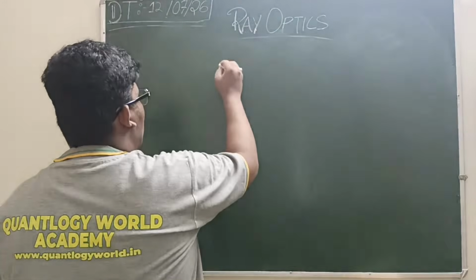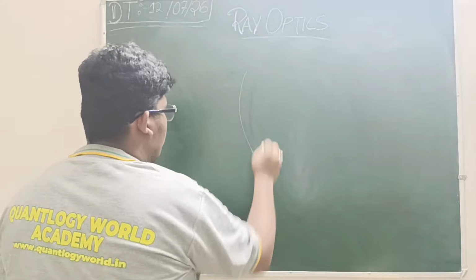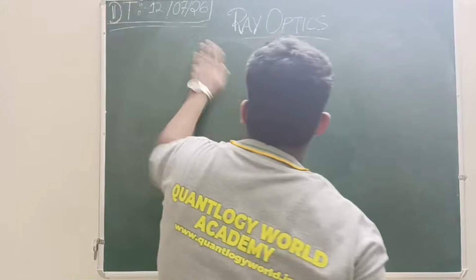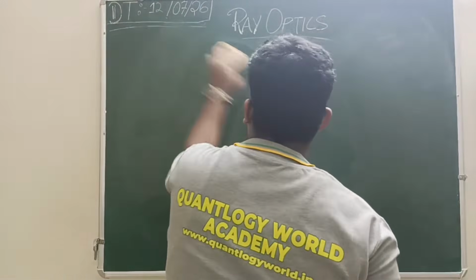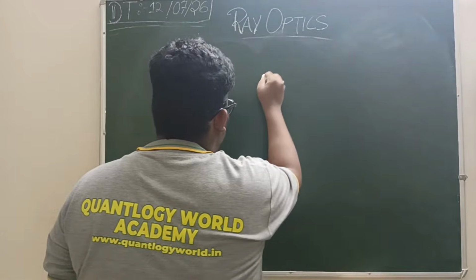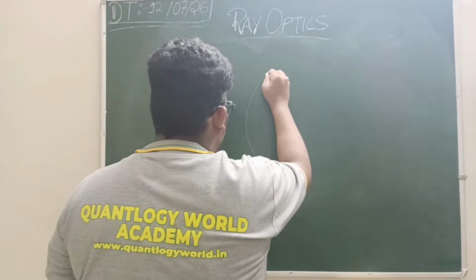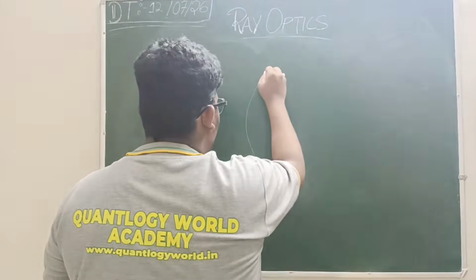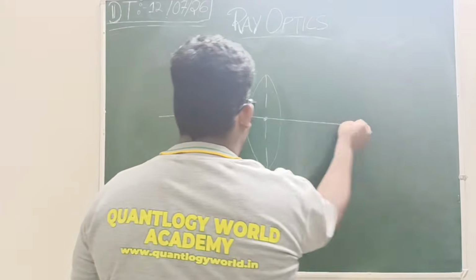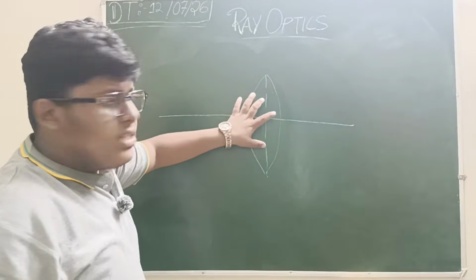Next is for convex lens. This is the pole of convex lens.